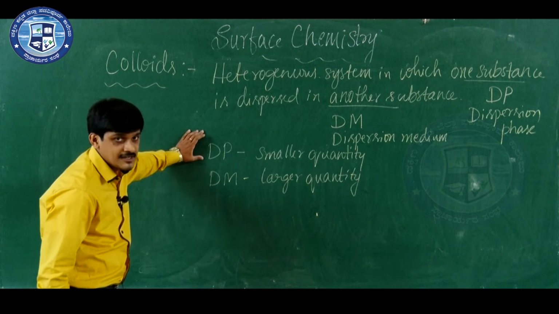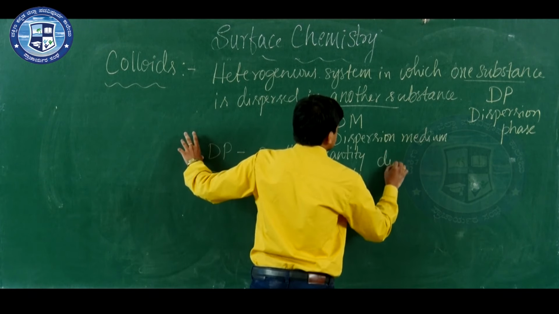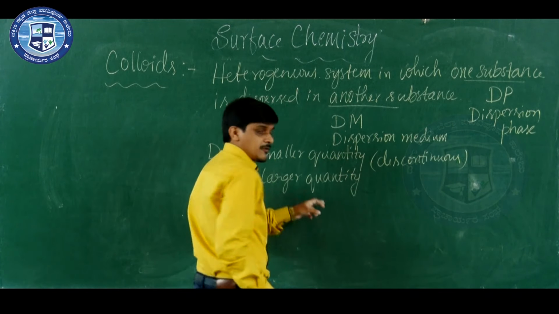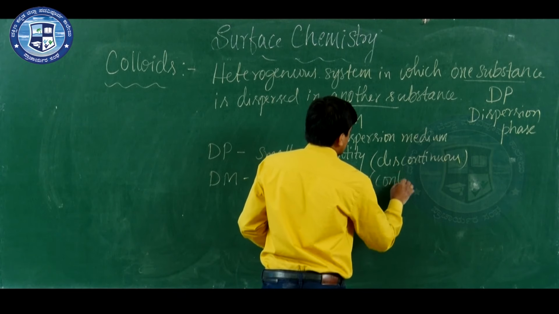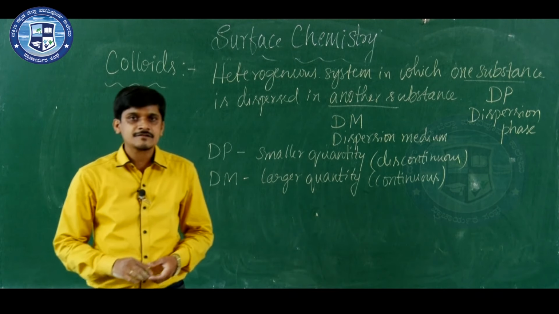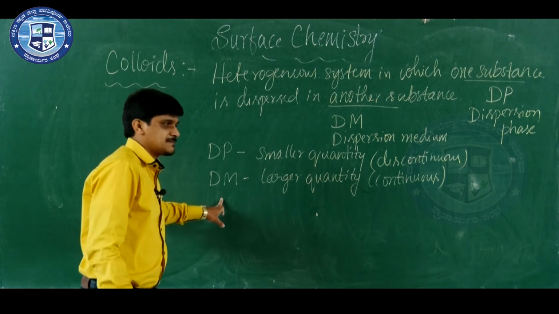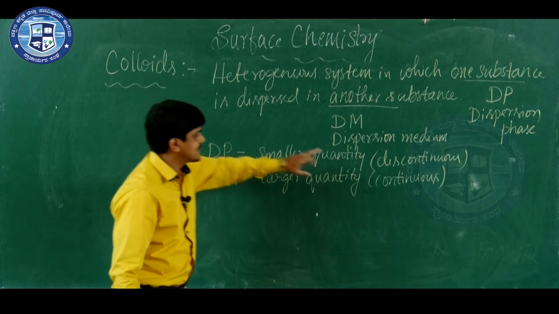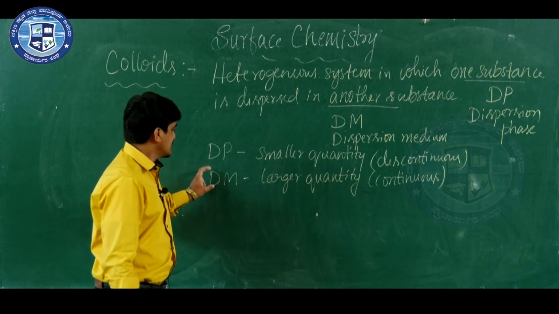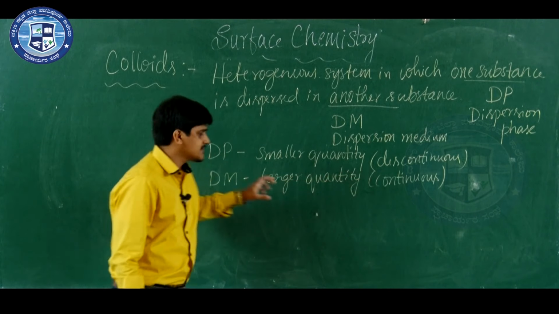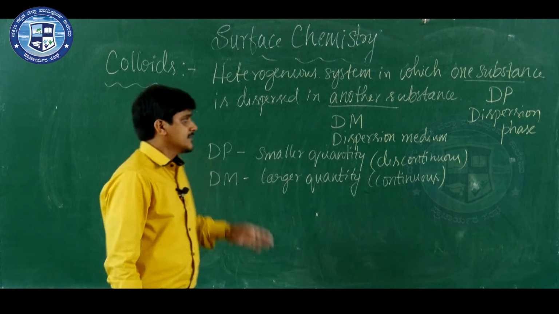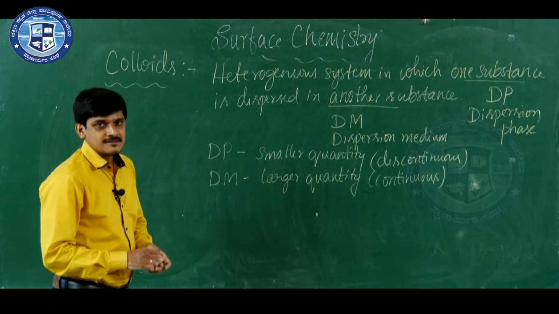The smaller quantity is discontinuous, whereas the larger quantity is continuous. See here, a colloidal system consists of two substances, dispersion phase and dispersion medium. Dispersion phase is a discontinuous phase containing colloidal particles, present in smaller quantity. Dispersion medium is a continuous phase present in larger quantity. We call them dispersion phase and dispersion medium.